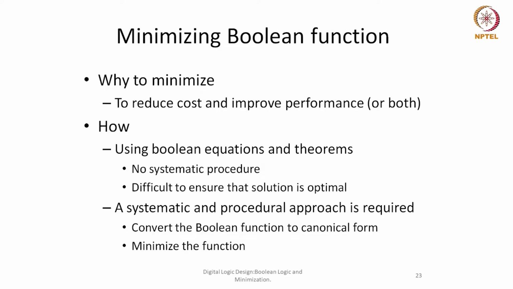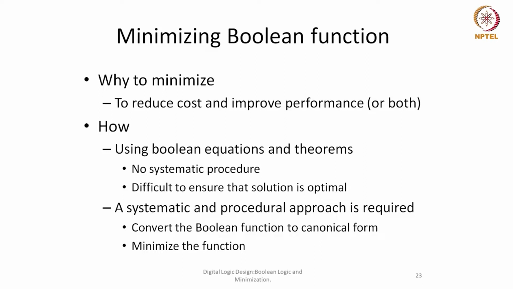So if we want to minimize a Boolean expression, we require a systematic or procedural approach. Systematic means that there should be only one solution, and procedural means that we can follow some steps: step number 1, step number 2, step number 3, and then finally we come up with a definitive solution.